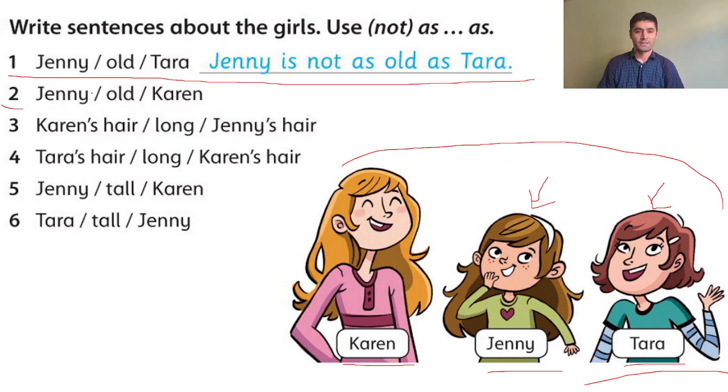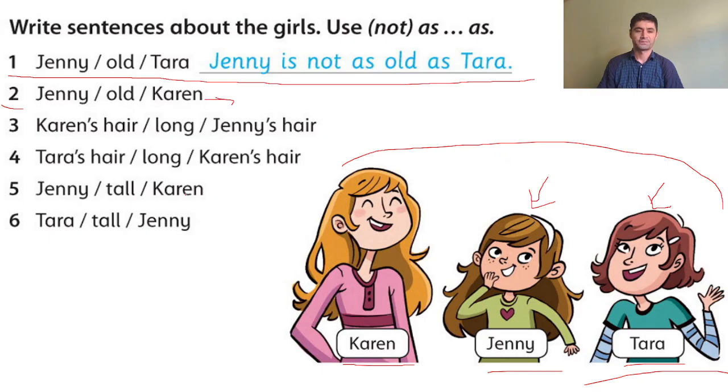So it's Jenny is, do you think it's as or not as? Yeah, you're right. So Jenny is not as old as Karen, right?